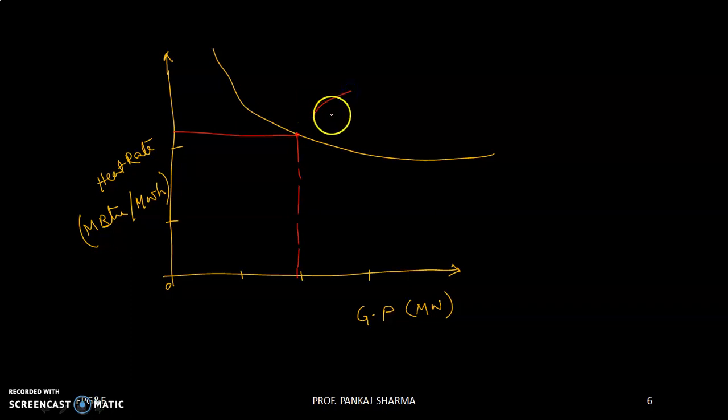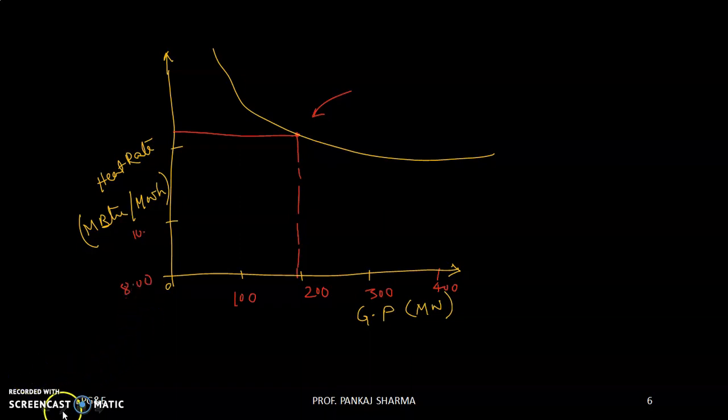Suppose this is 100 megawatts of generator output, this is 200, this is 300, and this is 400.